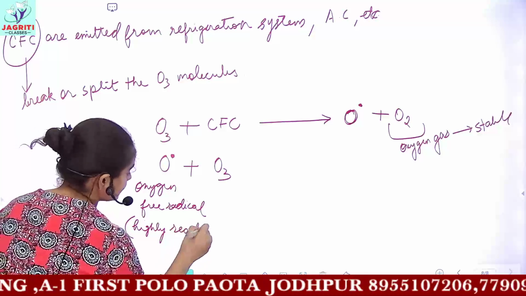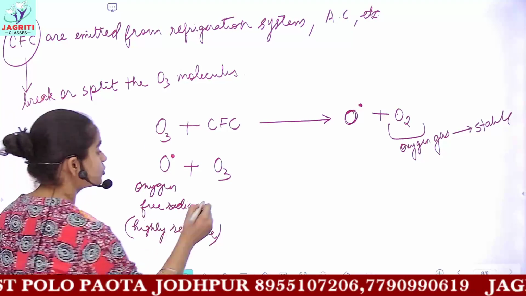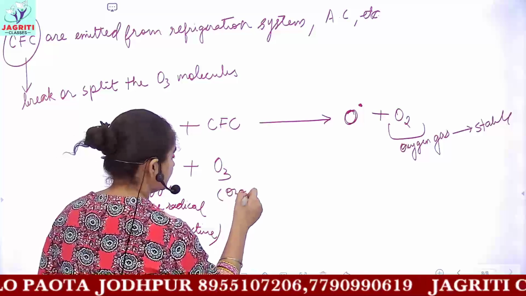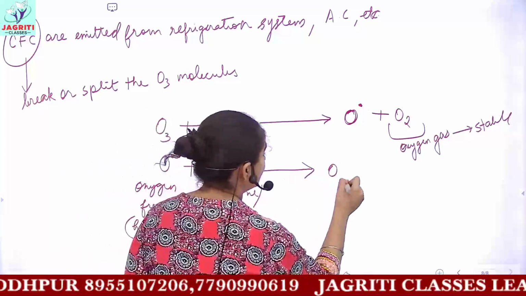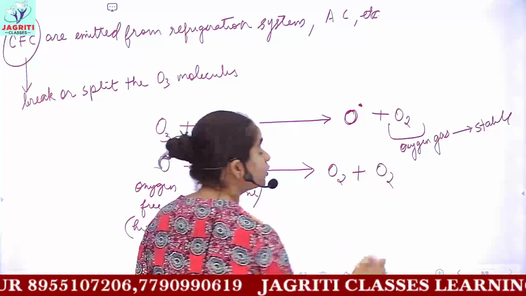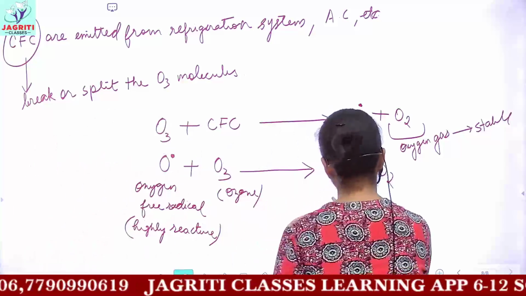because it has a free electron on its surface, and this reacts with the ozone molecule, which is the O3 molecule, and as a result you have 2 molecules of oxygen gas, that is 2 molecules of dioxygen formed.